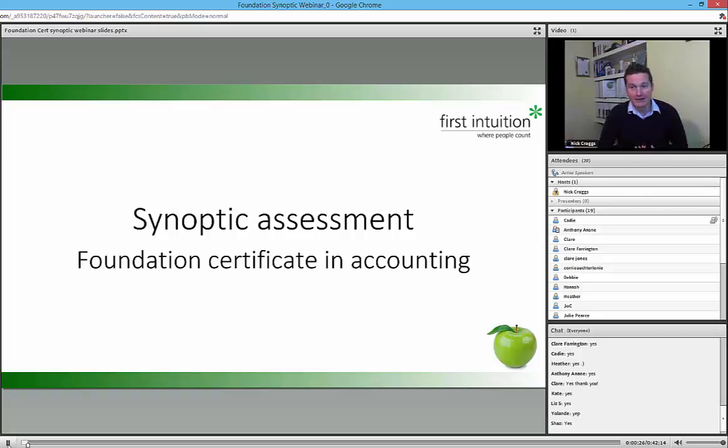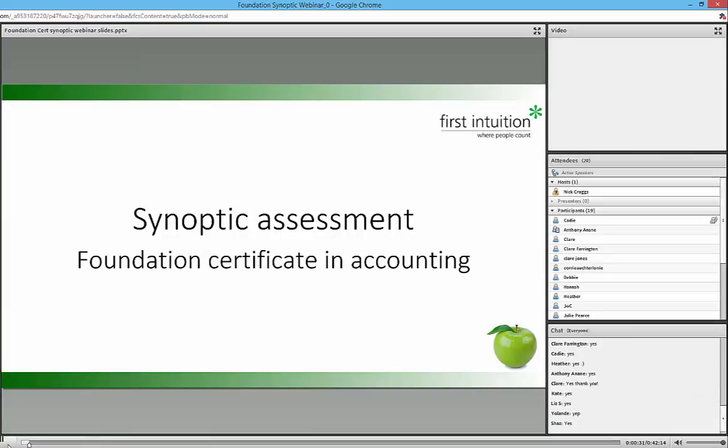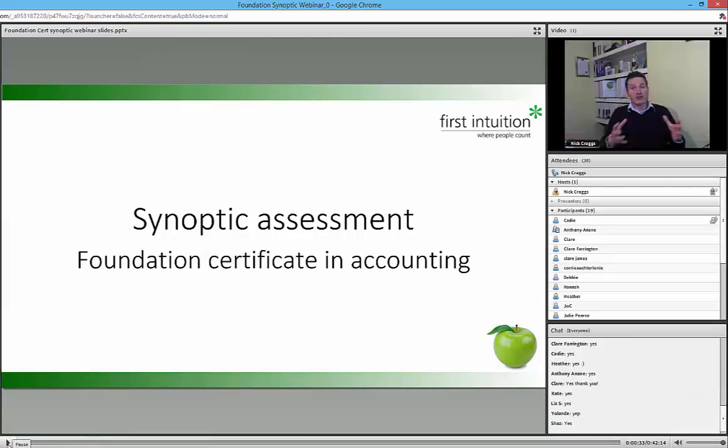new thing for AAT. And the reason why it was introduced is because of the new formative exam, a summative exam right at the end that tests everything.